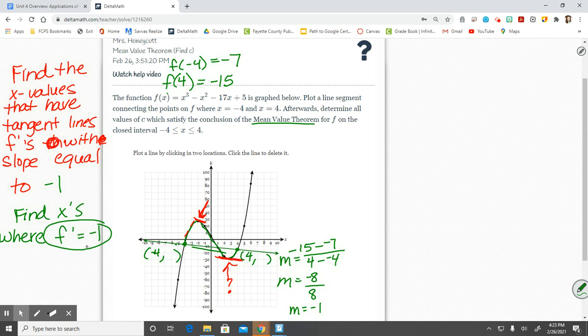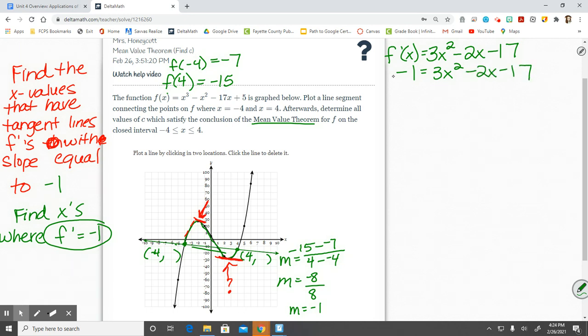So first of all, I need f prime. F prime equals 3x squared minus 2x minus 17. I'm going to set that equal to -1, which again is the slope of this green line. So -1 equals 3x squared minus 2x minus 17.